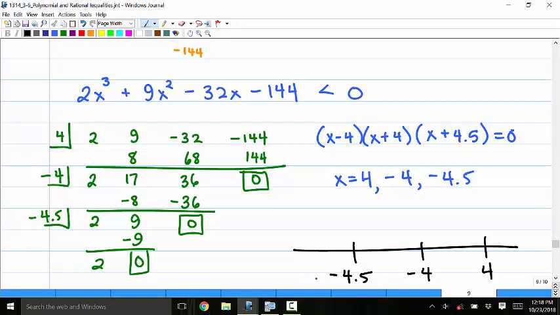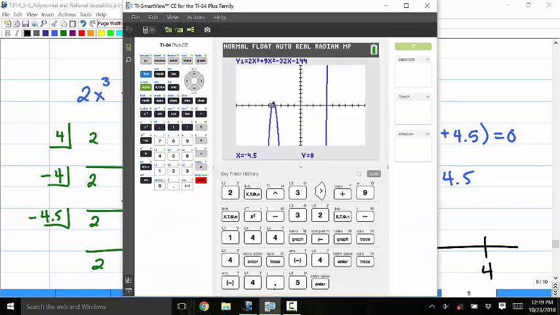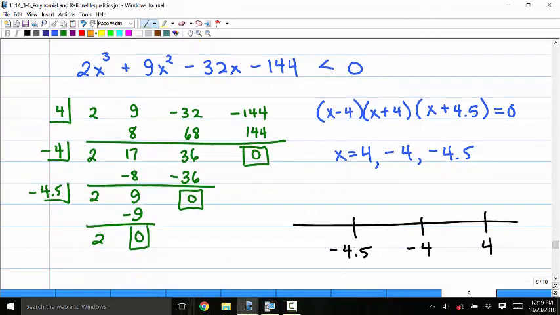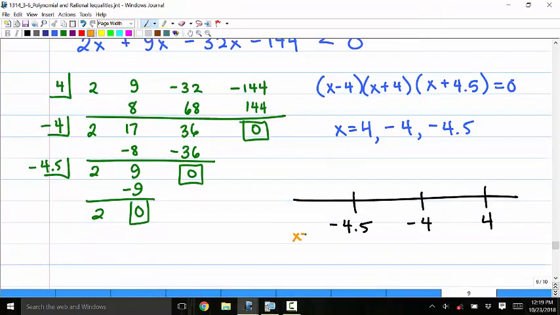If I type in negative 5, what do I get? A negative? Again, if I type in x equal negative 5, I get a negative 9. Was that right? Yeah. Negative.